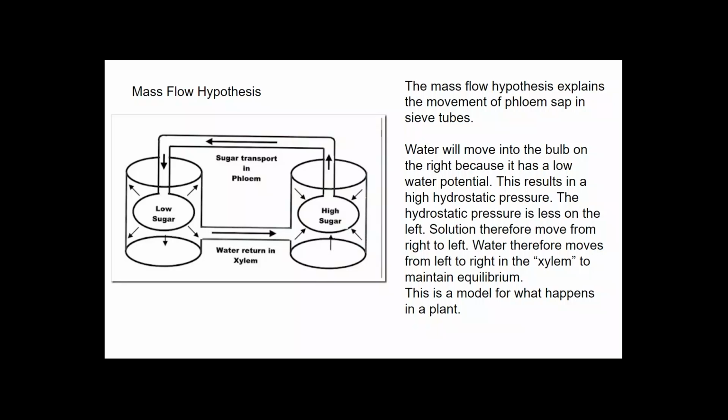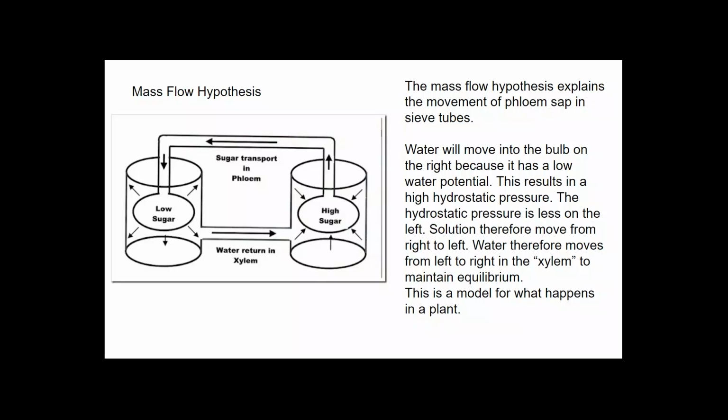Therefore, a high pressure develops here, which will push water into this area here, and therefore water will be forced out, and therefore water will move along this tube to return in this direction.